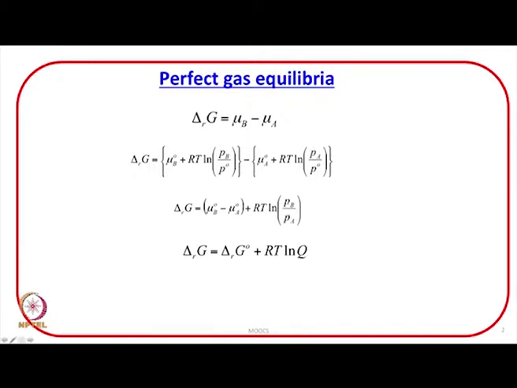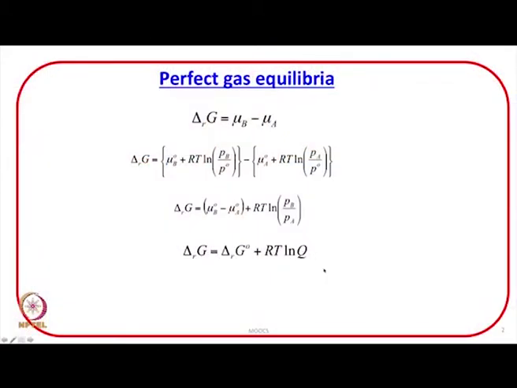And instead of PB by PA, let me write Q. What is Q in general? This I will discuss in the next lecture. Q is actually called reaction quotient, but the details of reaction quotient I will discuss in the next lecture. But let us, for the time being, write Q as the ratio of the partial pressure of B and partial pressure of A.